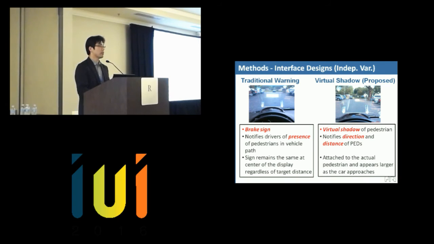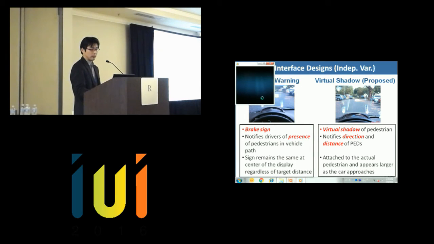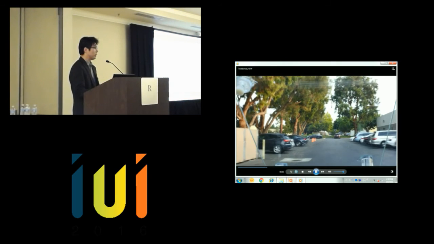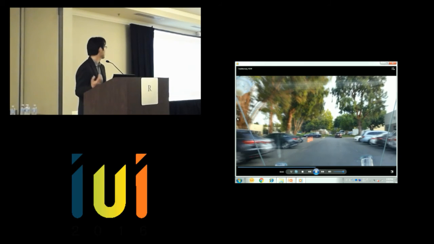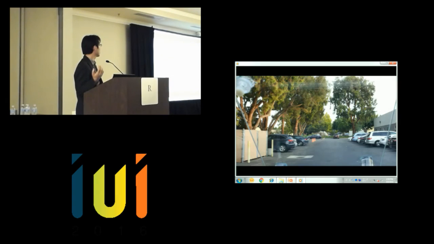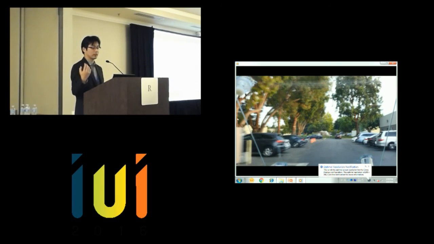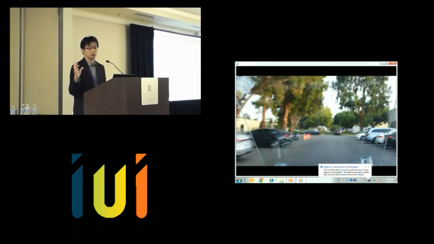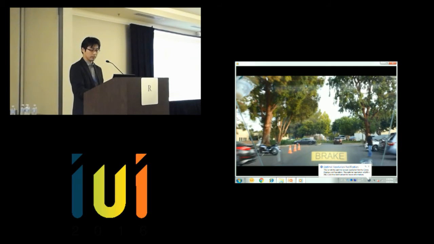So let me summarize our interface design. We compared two designs with a no-warning case. One is a kind of traditional warning, like this. Just as a usual heads-up warning, when a pedestrian is detected, the system shows a sign icon, like a please-brake sign.